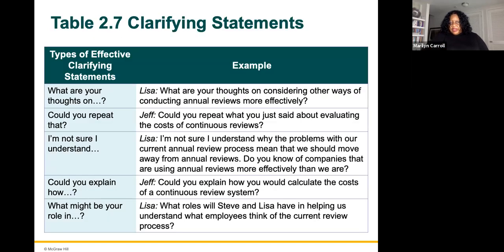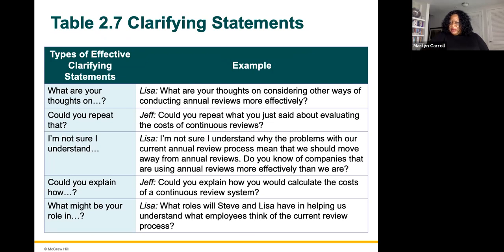So, types of effective clarifying statements would be: What are your thoughts on considering other ways of conducting annual reviews more effectively? Lisa? Jeff, could you repeat what you just said about evaluating the cost of continuous reviews? Lisa, I'm not sure I understand why the problems with our current annual review process mean that we should move away from our annual reviews.